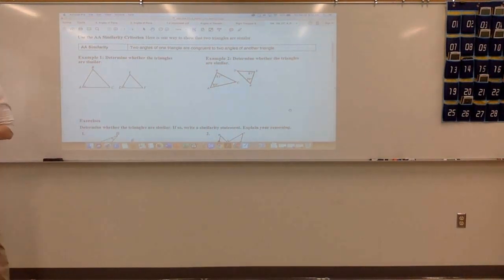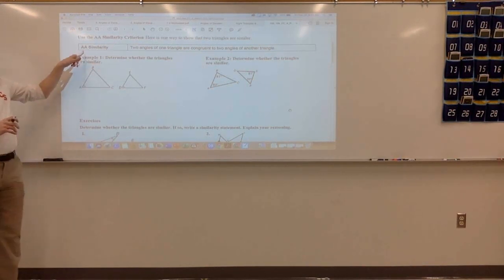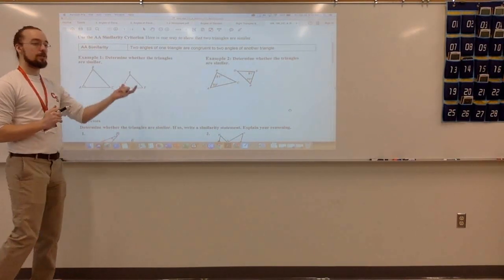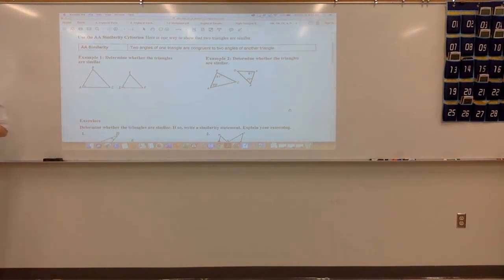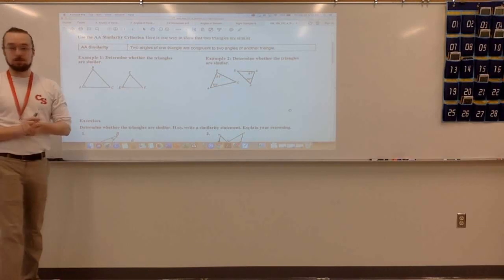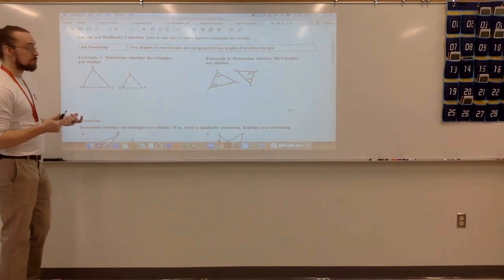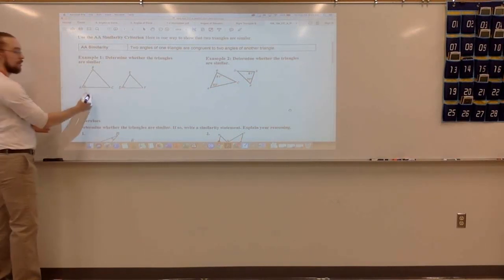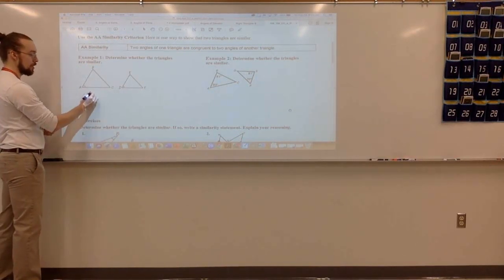The first way that we're going to talk about today is called angle-angle similarity. If I can show that 2 angles in one triangle are congruent to 2 angles in another triangle, that is enough to prove that the triangles are similar. So, in this first example, I'm told that angle B and angle E are congruent.